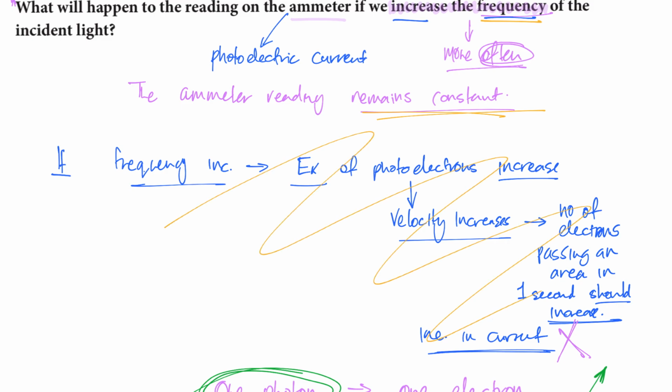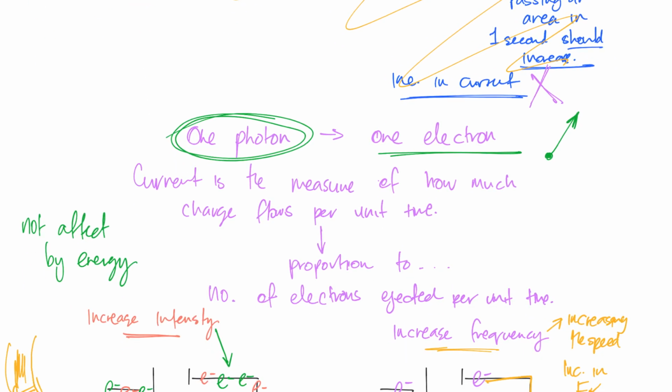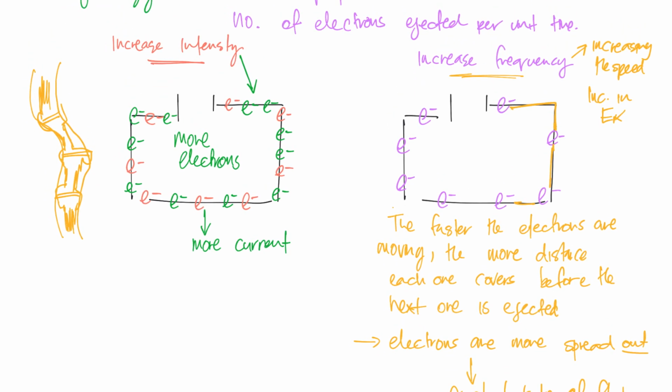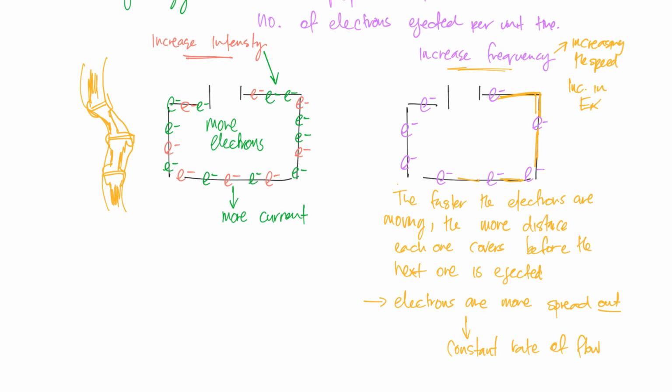But that's not what's actually happening. What's actually happening is I just have the same amount of electrons moving much faster, covering more distance. Not that I have more of it, I have the same amount, it's just moving much faster. And that's how you answer that kind of a question.